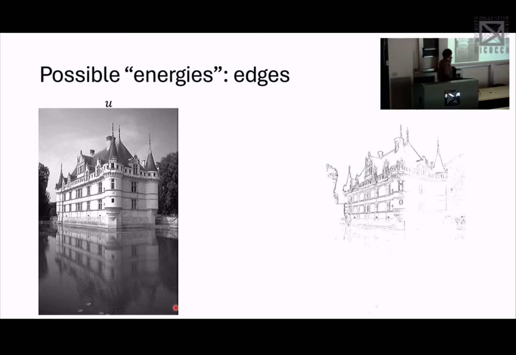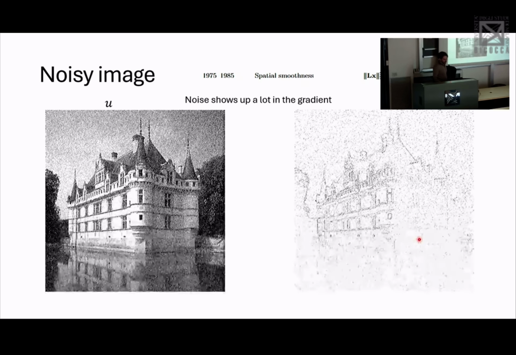Now, why did they focus on edges, on the gradient of the image? The gradient represents the edges. And so, if you take a look at this image, you can see that the edges in this image are mostly 0, and somewhere they are strongly non-zero. If I add noise to this image, this is my image of the gradient.